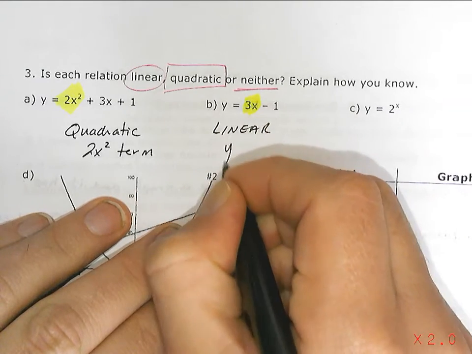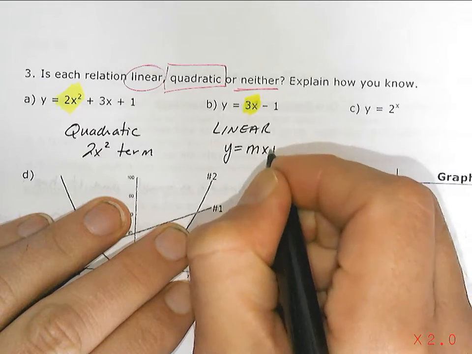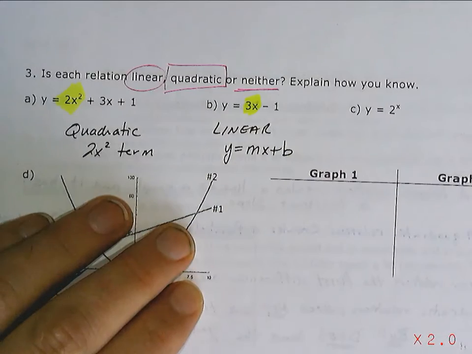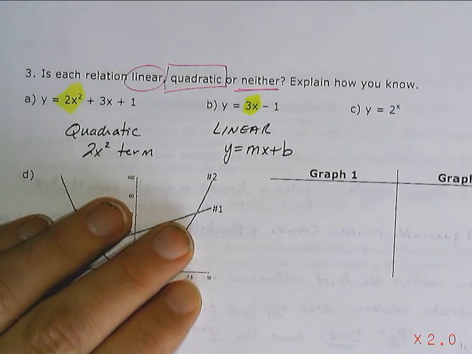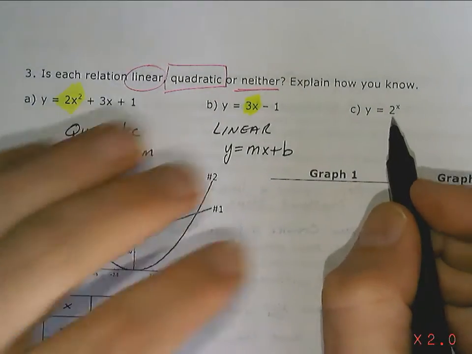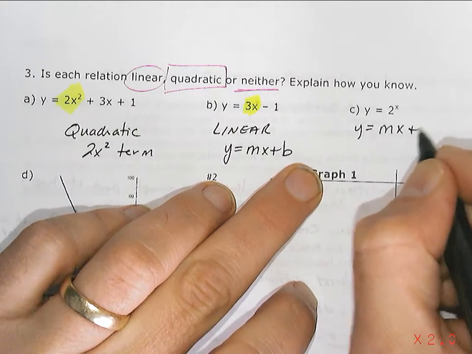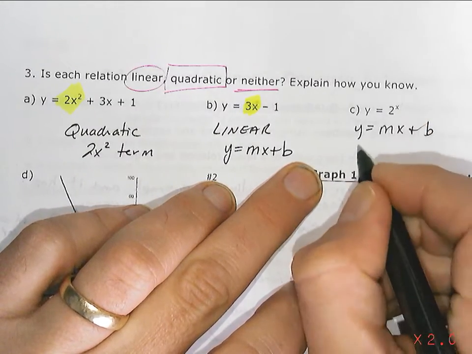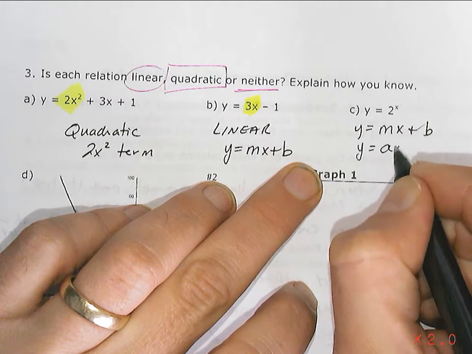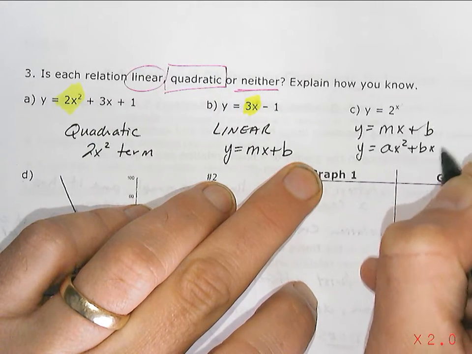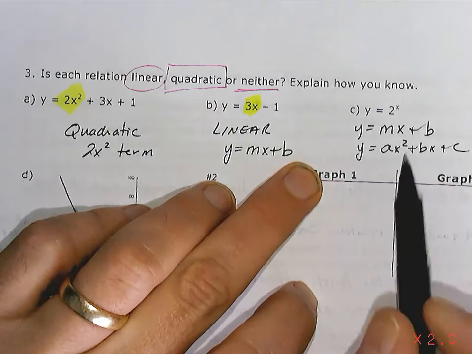It's in the form y equals mx plus b. There's no x squared term, so that is definitely linear. And this one, well, this one doesn't look like y equals mx plus b. That x is up in the top. And it certainly doesn't look like ax squared plus bx plus c. It doesn't look like this one.